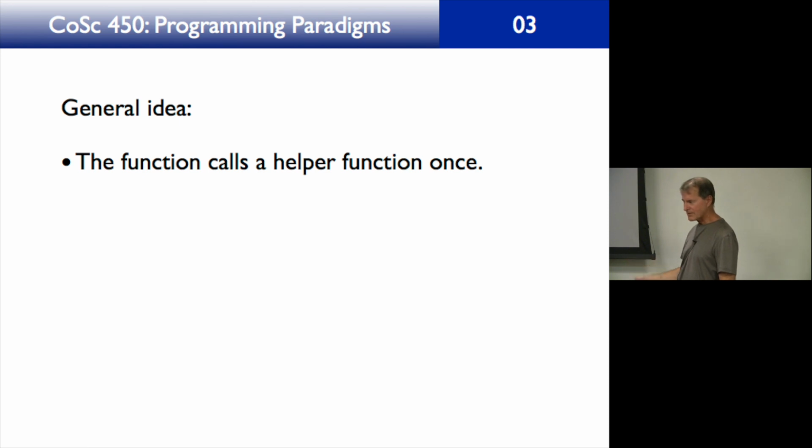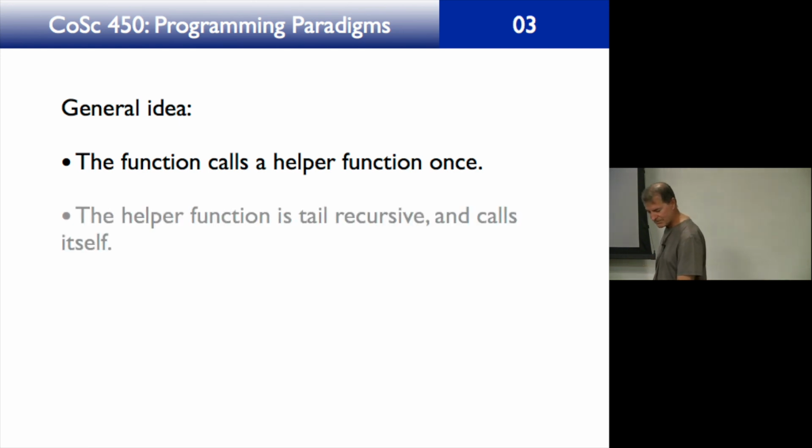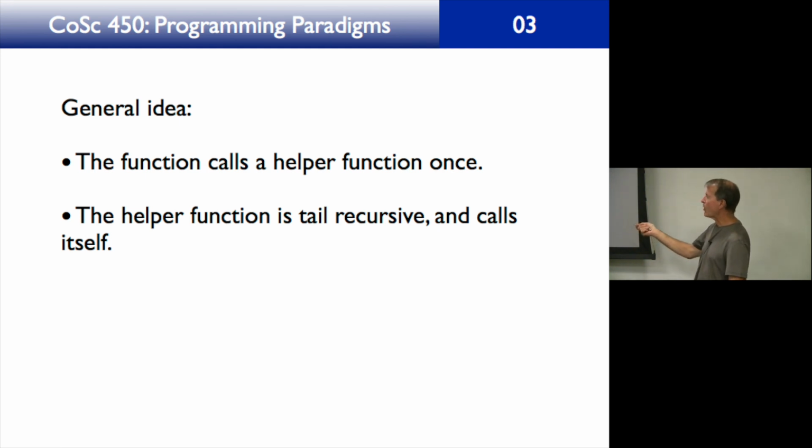Well, we're going to do the same thing here. And then the helper function is tail recursive, and it calls itself tail recursively. Do you see what I mean? And then when it gets its result, it returns the result back to the original function. Is everybody with me on that?